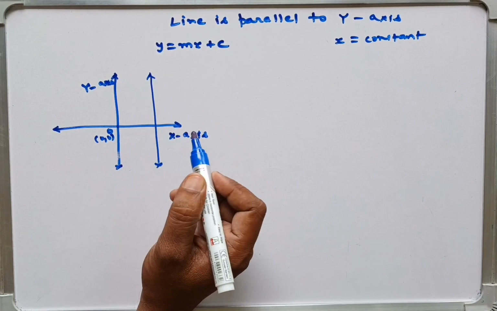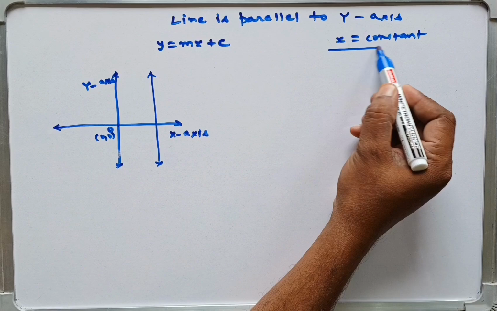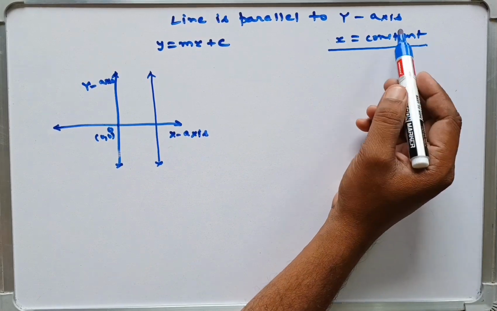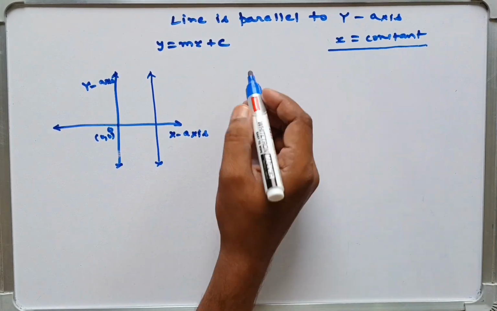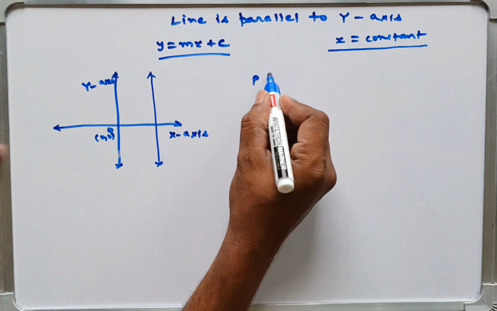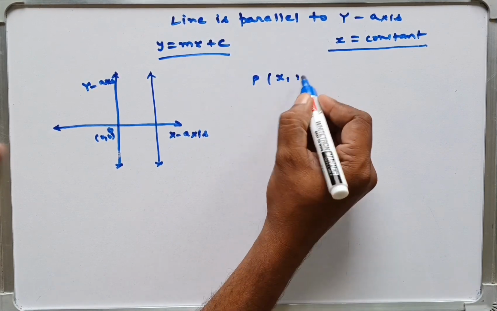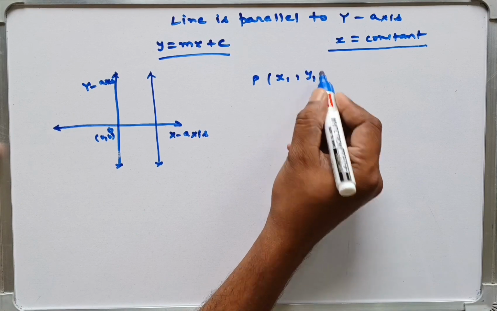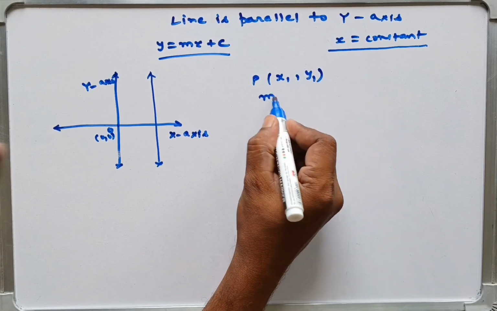Now any line parallel to the y-axis is like this one. So how does this come about? We will derive it here. Suppose a line is passes through a point x1, y1 and its slope is m.